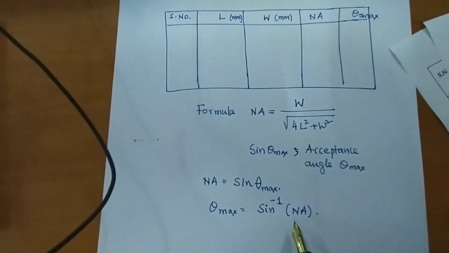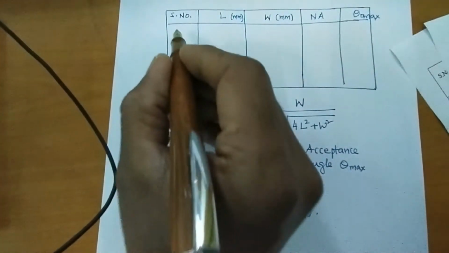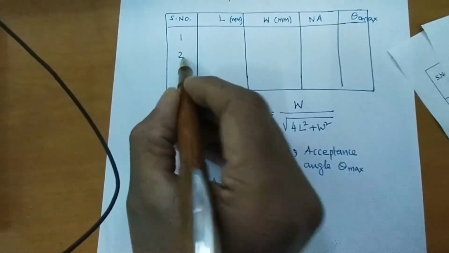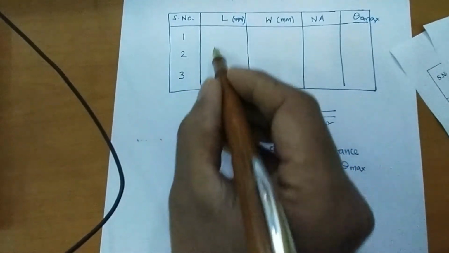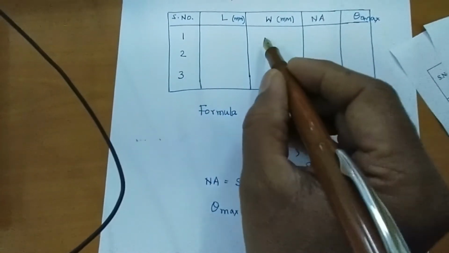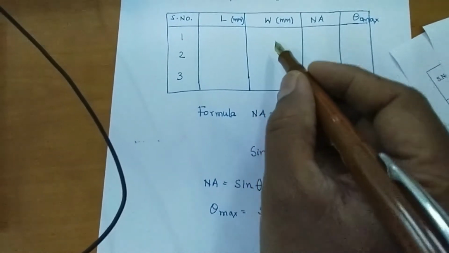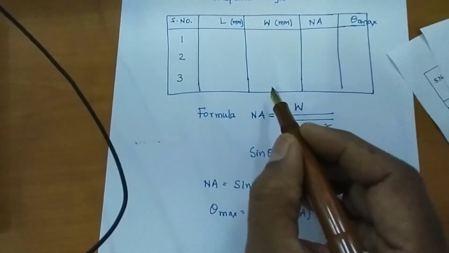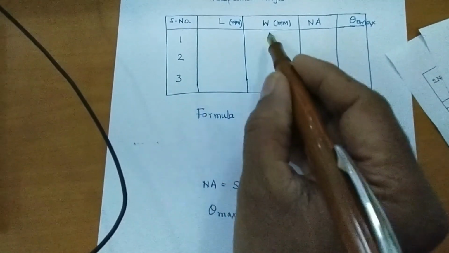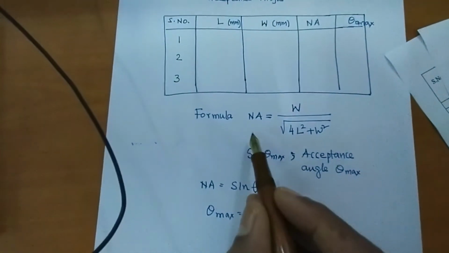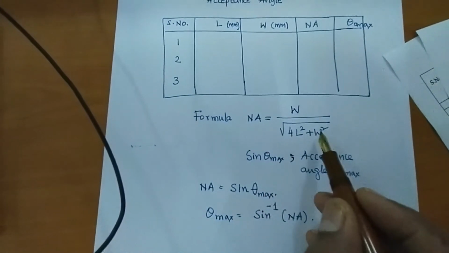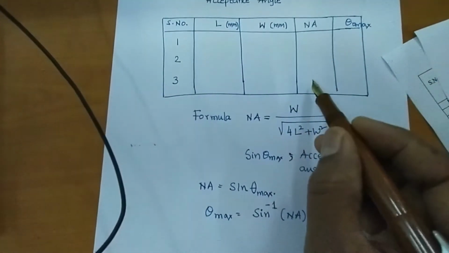So you have to find out at least three different readings, meaning keep the screen at three different distances and measure the spot width on the graph paper and note down the values, at least three, and using L and W values you calculate numerical aperture and enter the readings here.